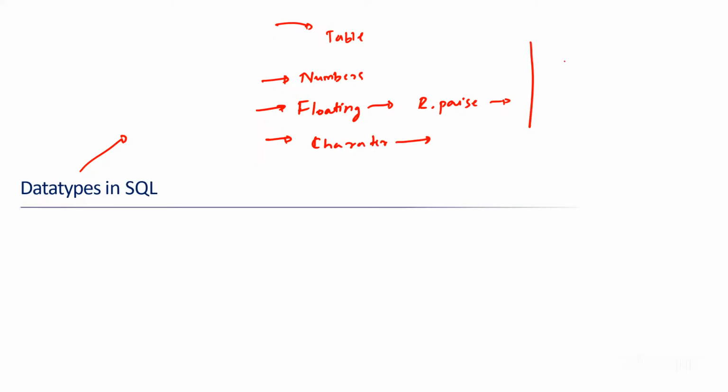There might be some data which should be a true or false condition. There might be some data that comes as an image or any other binary format.